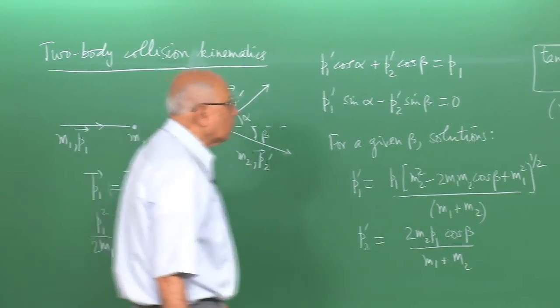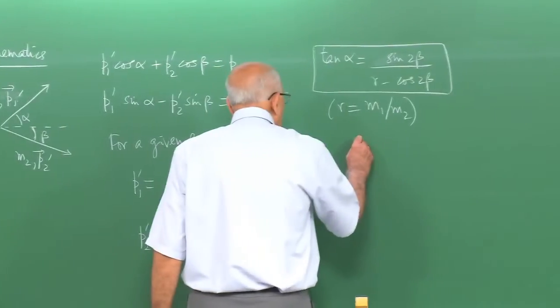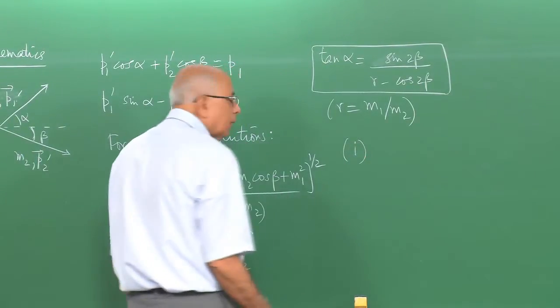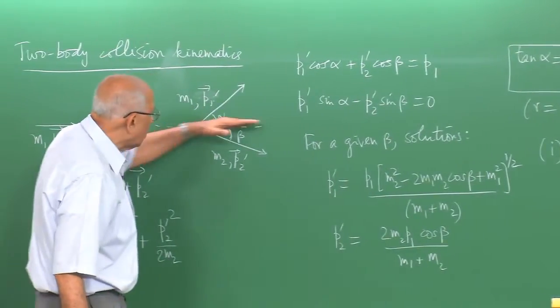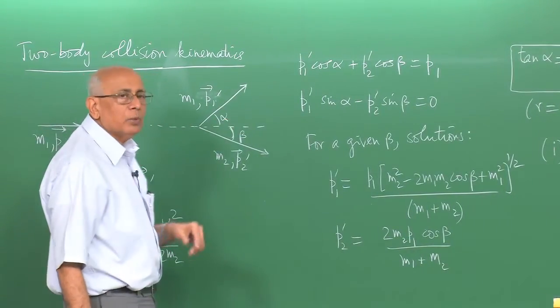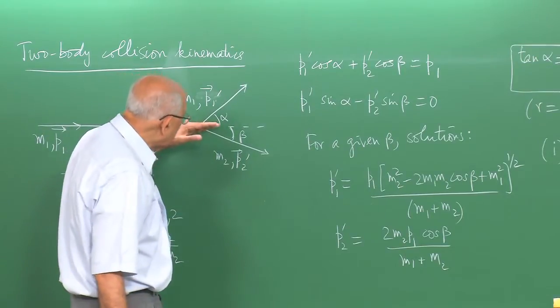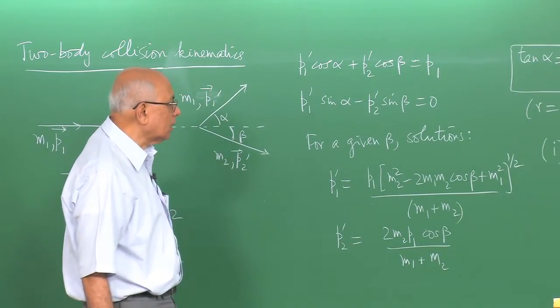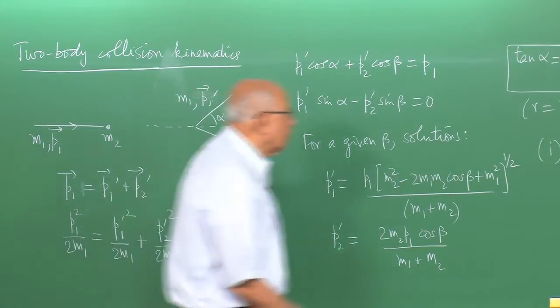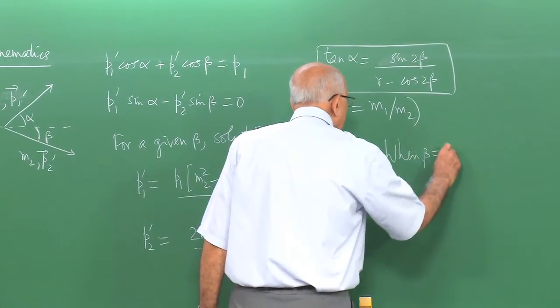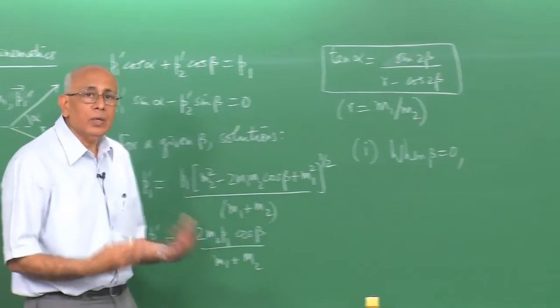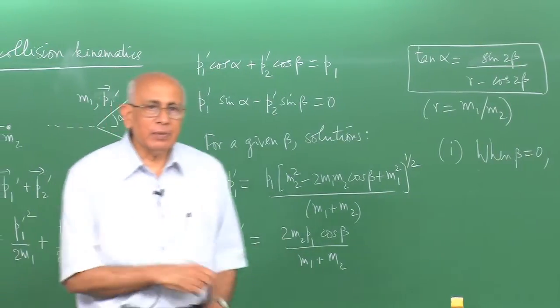The first thing we notice is the following. So let me write it as 1. In the one-dimensional case, in other words, when you have things moving along just one line, corresponding to beta equal to 0, so the target particle just gets pushed along the same direction as the incident direction, everything should reduce to the simple one-dimensional case that we have already solved.